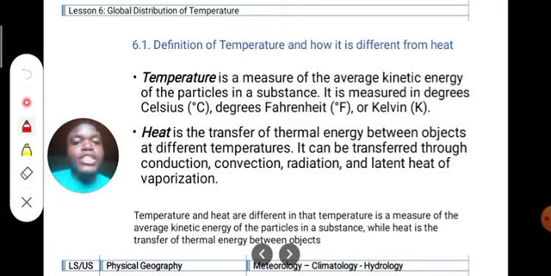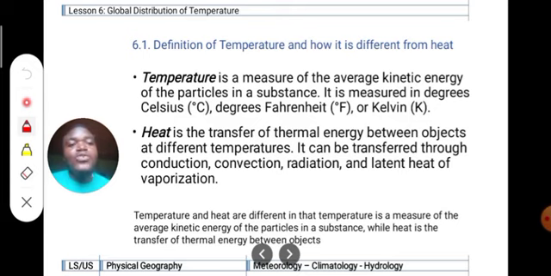On the other hand, heat is a transfer of thermal energy between objects at different temperatures. We saw this definition during our last class where we were talking about heat transfer. And heat, of course, can be transferred through conduction, through convection, through radiation, and the latent heat of vaporization.